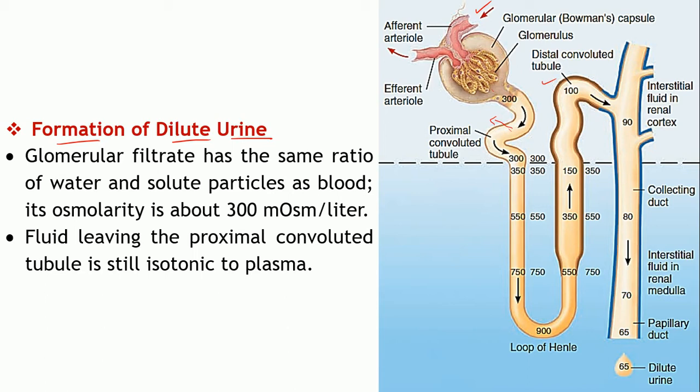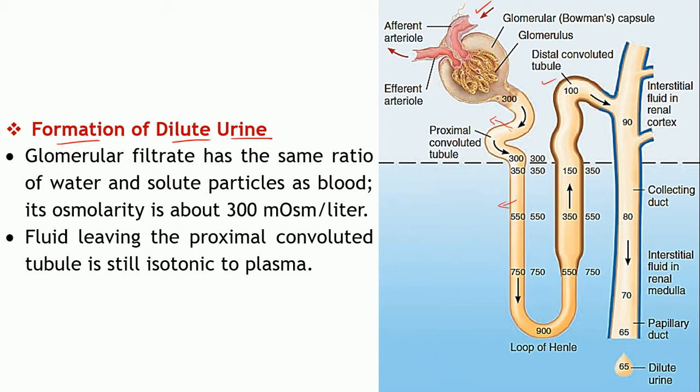In the descending limb of the loop of Henle, there are no transporters, but water can get reabsorbed. Water reabsorption will take place, but no other solutes can enter. In the thick ascending limb of the loop of Henle, there is the sodium potassium 2 chloride symporter, and the ascending limb is impermeable to water.